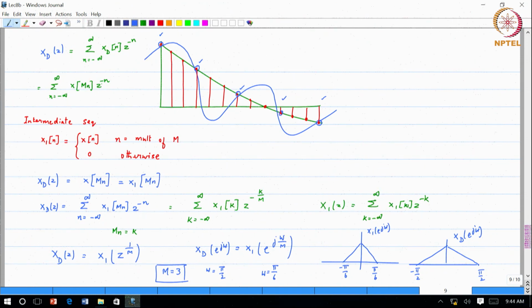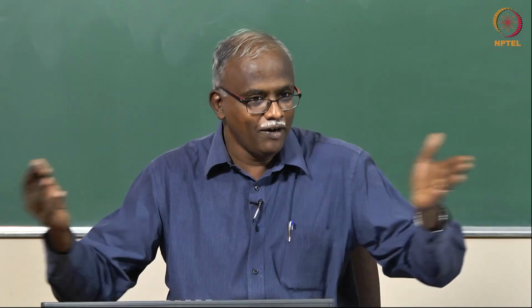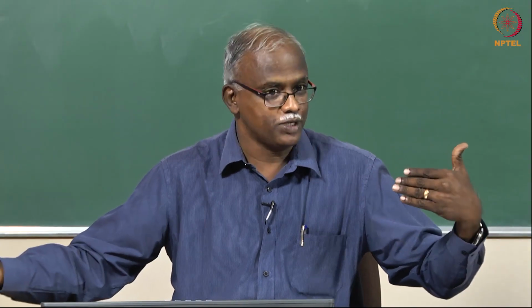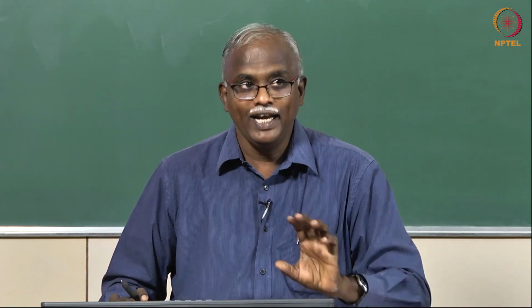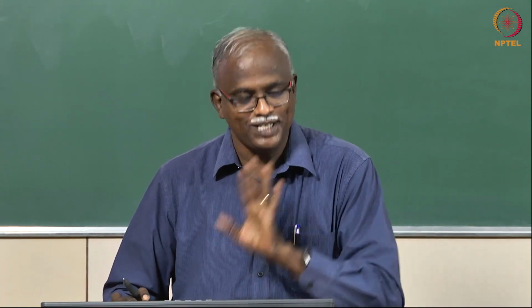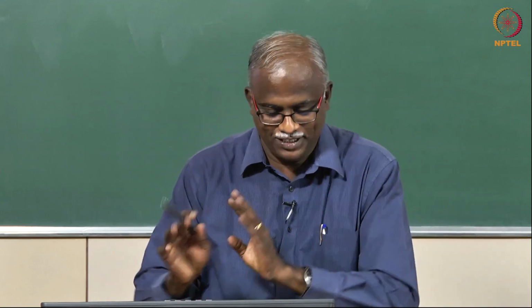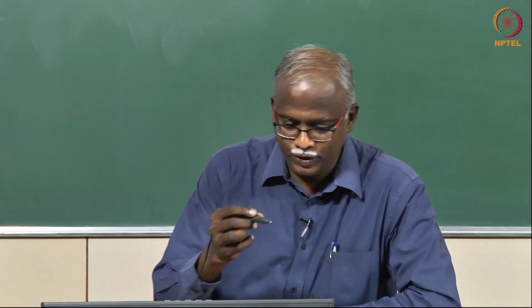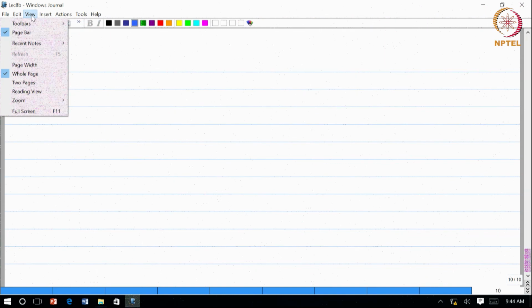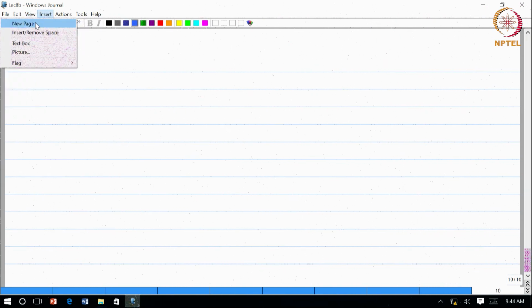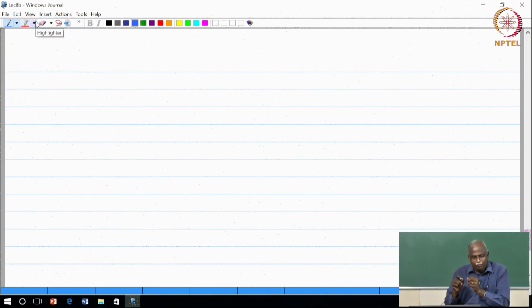Whenever you have a scaling like this, the original function had a frequency period equal to 2π, and now, by design, it will have a period of M times 2π. But we will not violate any of the fundamental principles, and that will come out in the rest of the lecture. I am glad you asked that question, because it is a very important one, and it is one of the important elements we should not miss in this discussion.